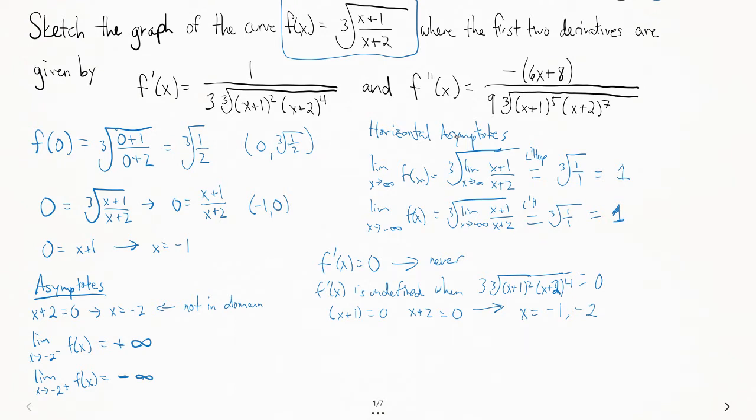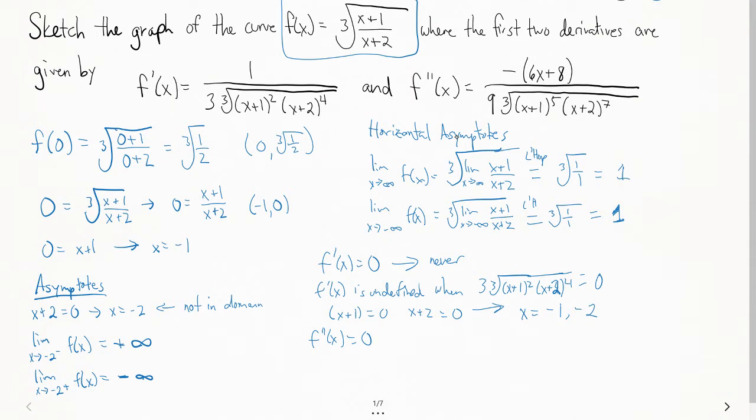But x equals negative 1 is kind of neat because that's one of our intercepts corresponding to that point. And so if you do have critical values, always try and find the actual function value according to that critical value, if it's reasonable. So that's something to keep in mind. So in the other case, we have f double prime of x.